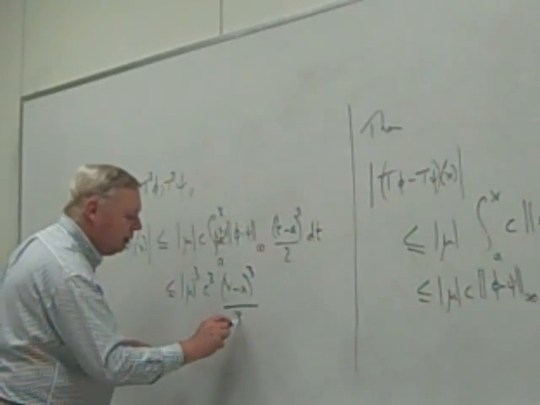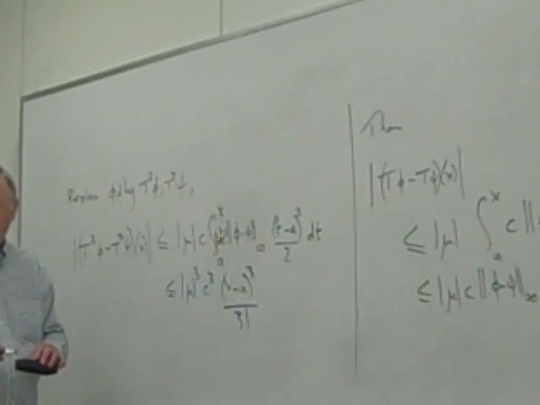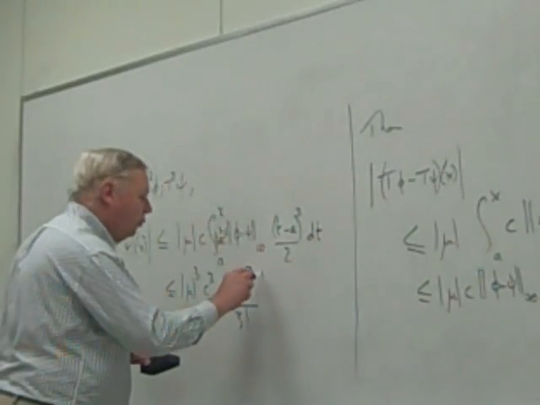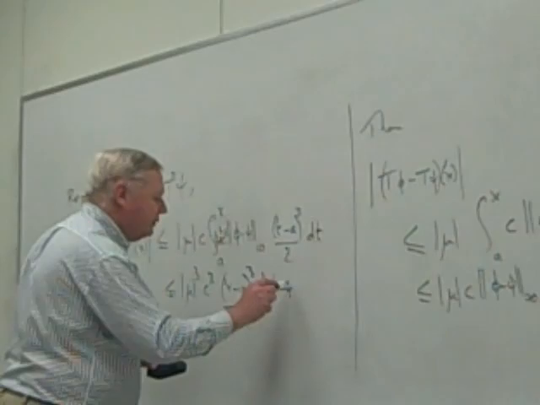I already have a 2, so that is a 3 factorial. And I also have the infinity norm of phi minus psi.